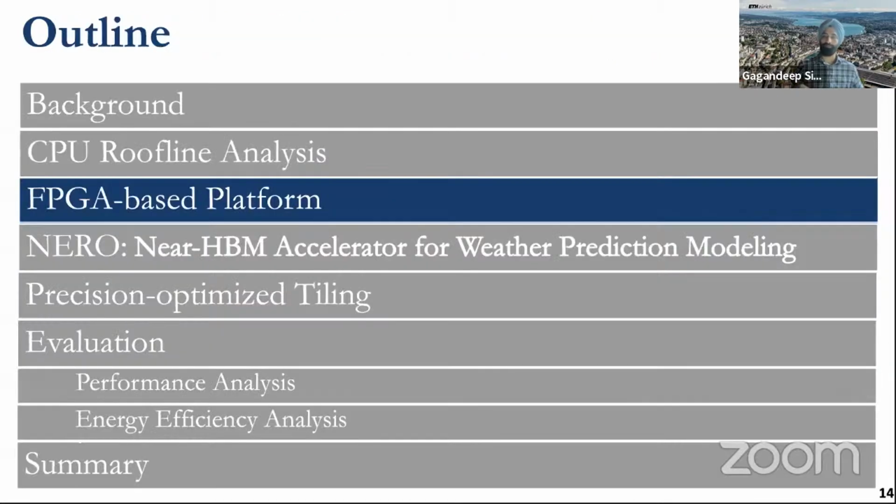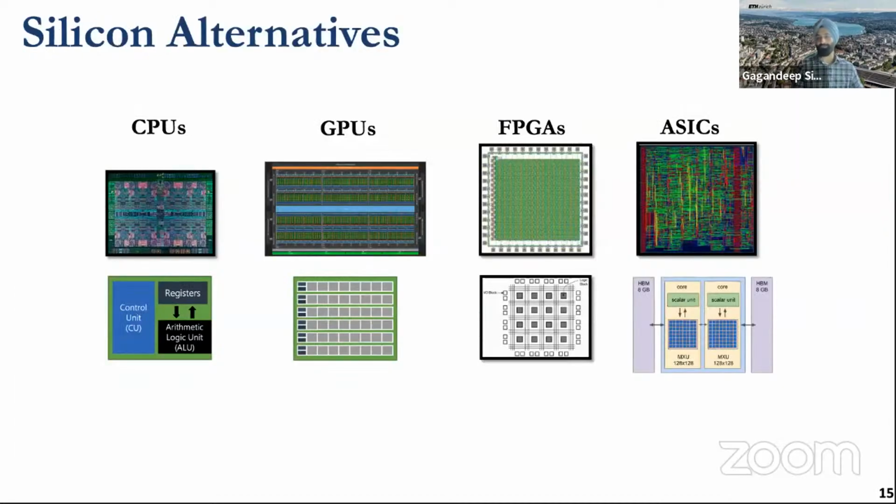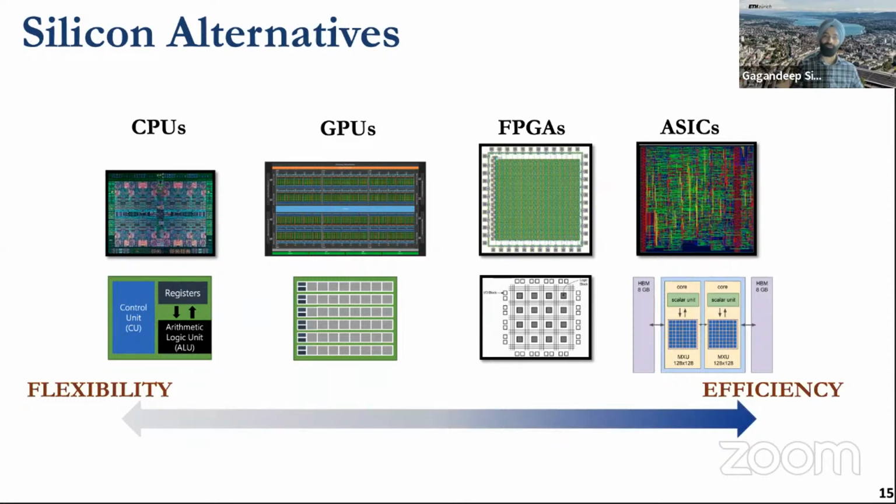So in this work, what we try to do is come up with a different hardware platform that we can use for implementing these weather prediction applications. As we know, there is a wide range of platforms available, from CPUs to GPUs and FPGAs, and they all provide a trade-off between flexibility and efficiency.